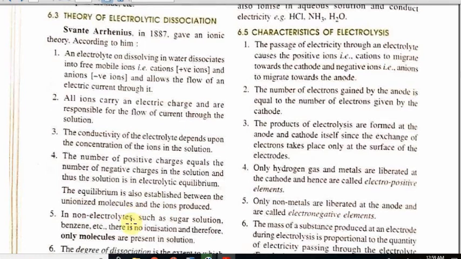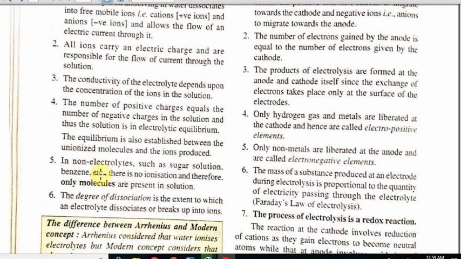In a non-electrolyte such as sugar solution or benzene, there is no ionization, only molecules are present, so they are bad conductors of electricity. The degree of dissociation is the extent to which an electrolyte dissociates or breaks up into ions.